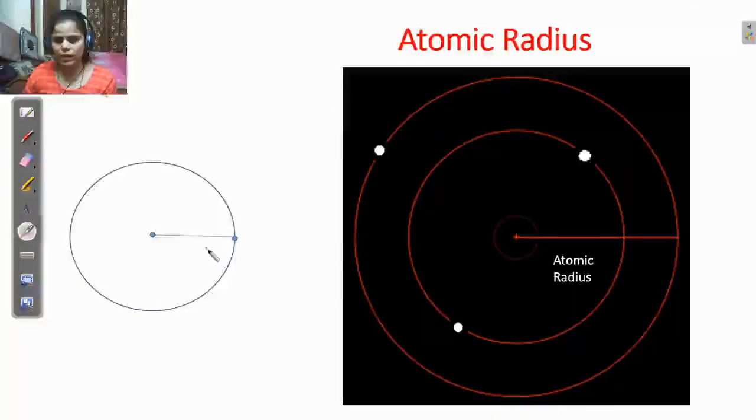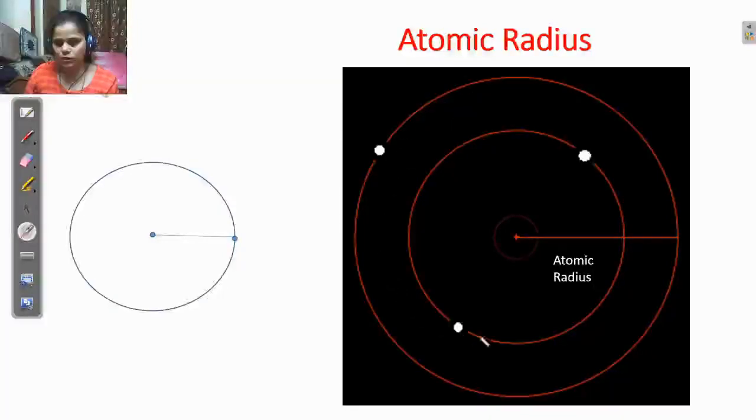You know what the radius is in maths? Yes. The radius is the line segment that joins the center of the circle and a point on the circumference of the circle. Like this, the atomic radius is the line segment that joins the center of the nucleus and the outermost shell.